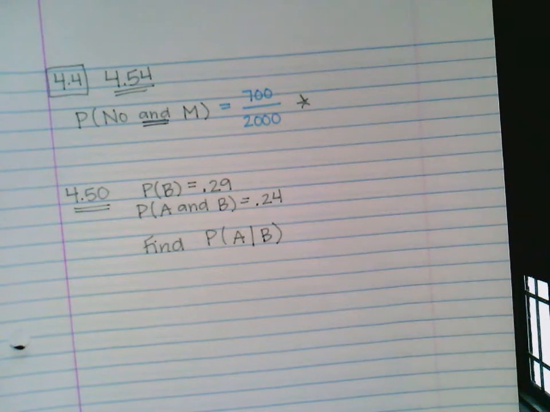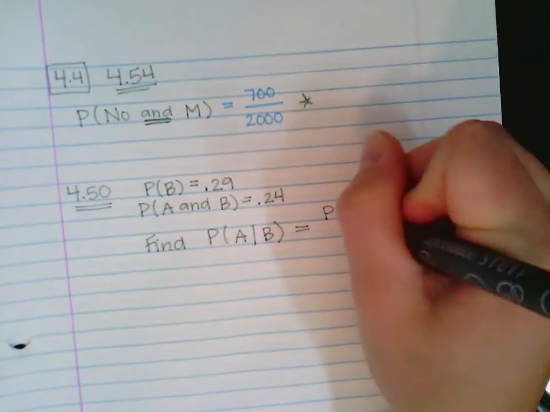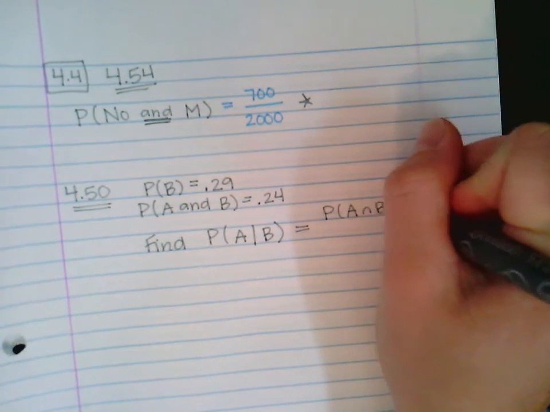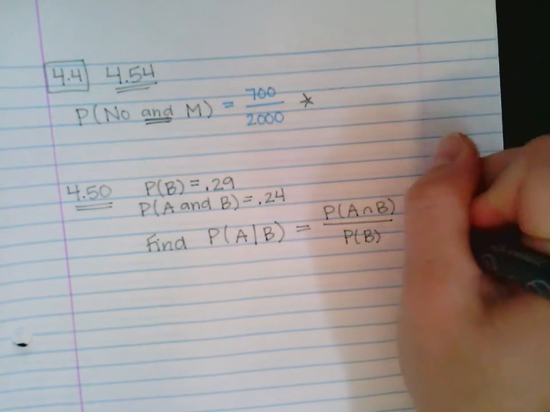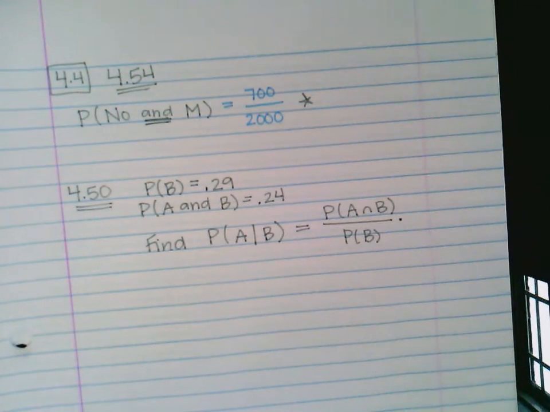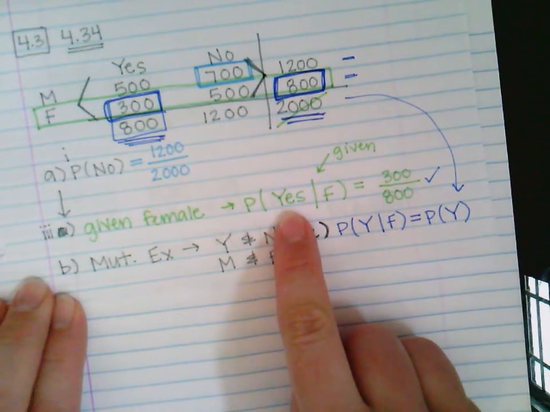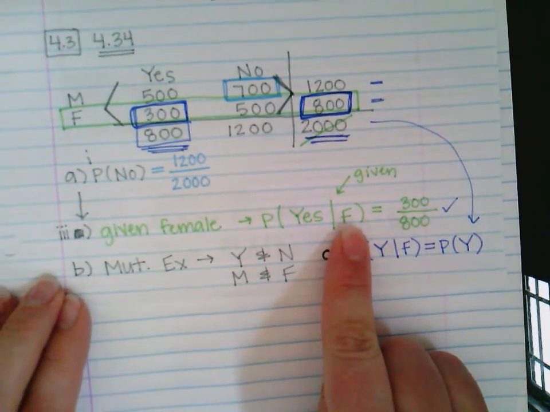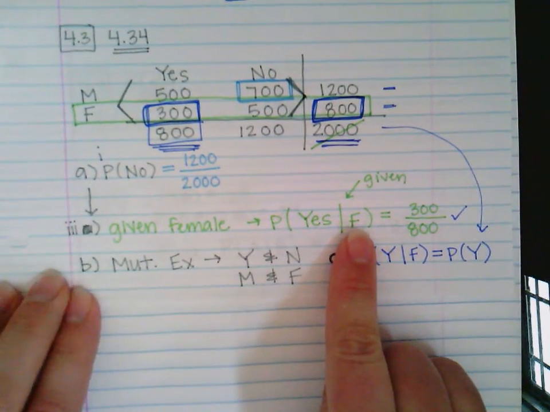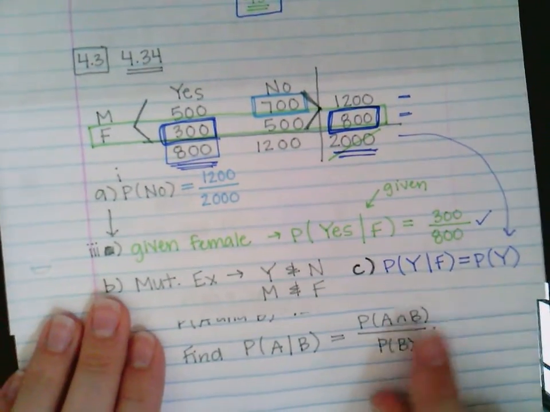Well, the probability of A given B is the equation of the probability of A and B over the probability of B. I want us to go back to that table that we were just looking at here when we found the probability of yes given female, okay? In this example here, when we found the probability of yes given female, we used this equation.